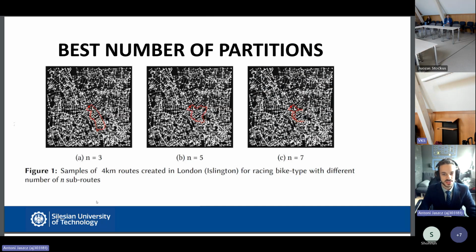And the results show that the best fitting number of subroutes was 5, as any lower than that produced rectangular or triangular, weirdly shaped results, and greater values produced edges crossing each other, which was also not desirable.